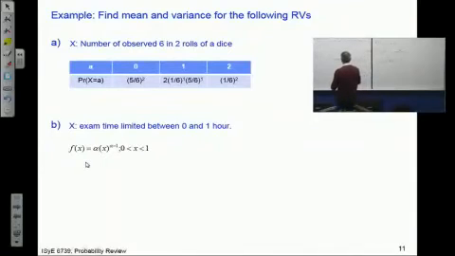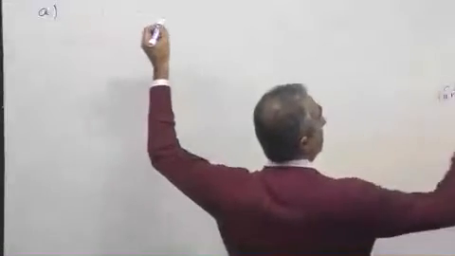Find expected value or mean. I'll do the first one, you do the second one. Okay? Part A is discrete.